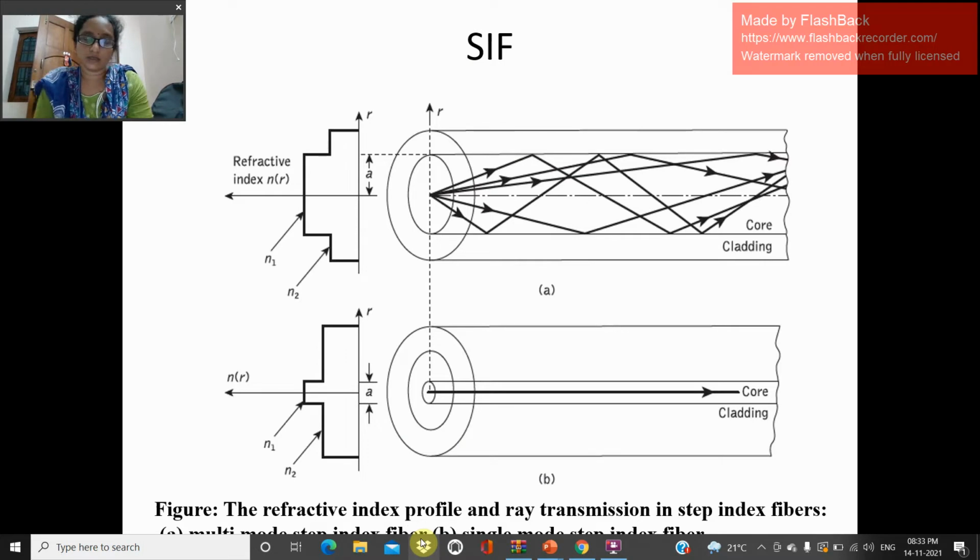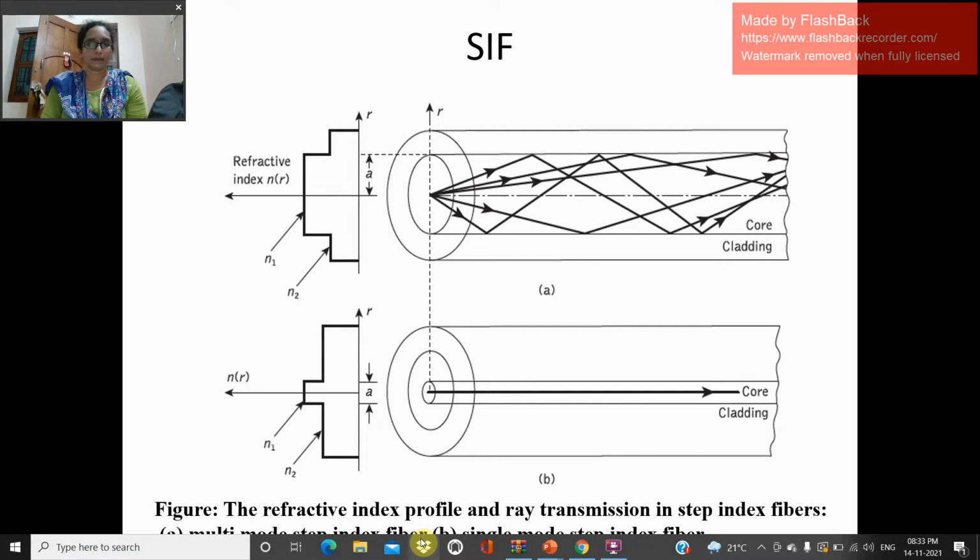For multi-modes, figure A shows it, and for single modes, figure B shows it. In figure A, the refractive index n(r) of the N1 material, the core, should be constant, and the cladding refractive index is reduced; a lowering level is observed for the N2 material. So it is constant for multimodes, and again we observe a reduction in the cladding material.